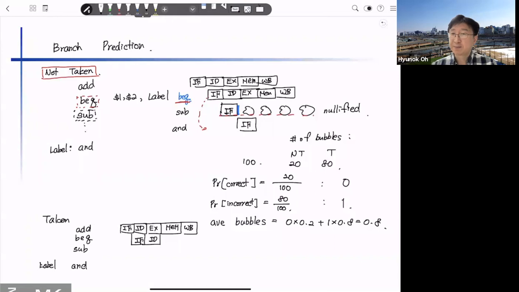Which instruction should be fetched? The one at the label. So that is fetched. And then we know whether this is correct or not. If it's correct, then it just keeps going. If it's incorrect, then this should be nullified, so we have to pay the bubble. So it's very easy. If the branch prediction is correct, then 0 bubbles. If the branch prediction is incorrect, then we have to pay 1 bubble.